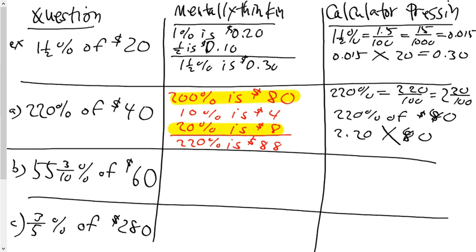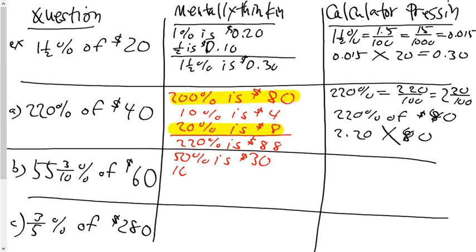Okay, 88 bucks. Our next question says 55 3/10% of $60. So mentally, what's the first thing I want to find? 50%, which is 30 bucks.